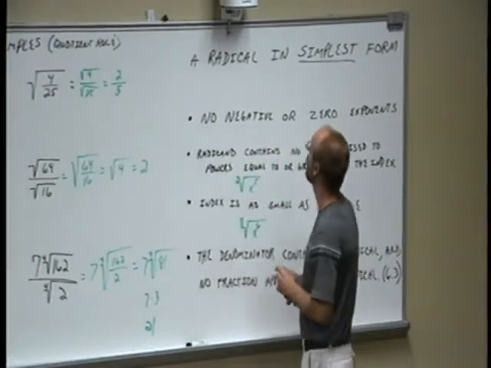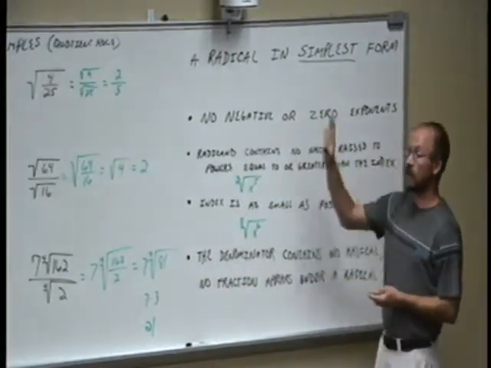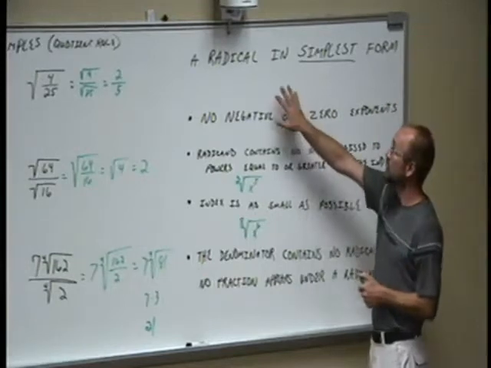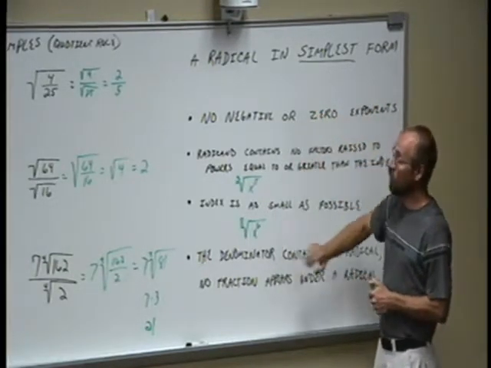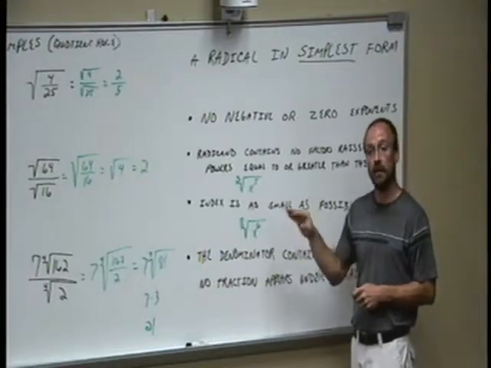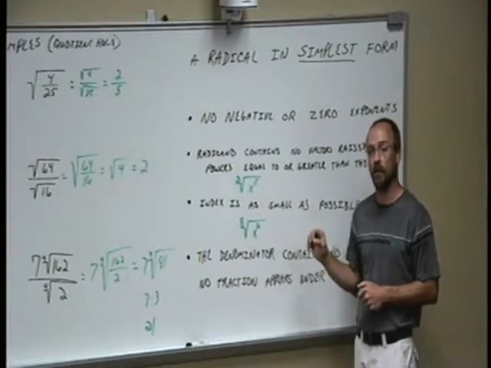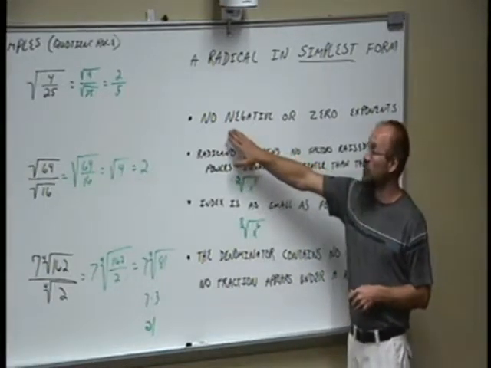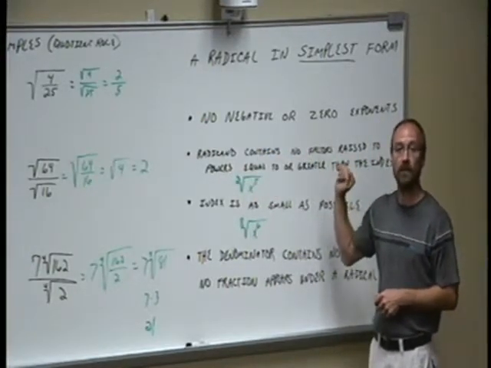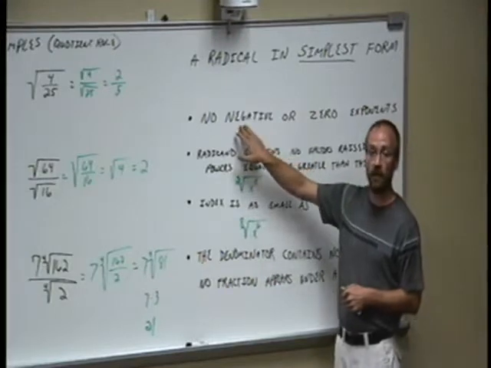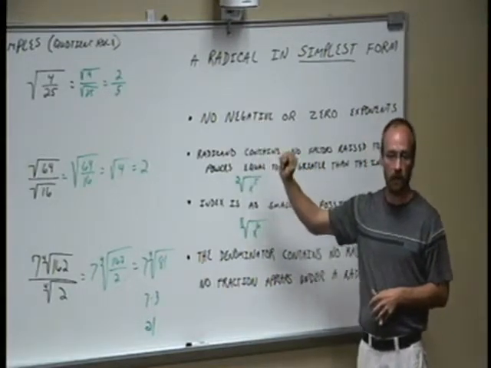Now, to sum up, essentially this section here is a radical in simplest form. There are 4 things that we must always keep account of when we're simplifying radicals. First of all, we can have no negative or 0 exponents. Essentially what we mean by that is if you see a negative exponent, immediately take its reciprocal, right?